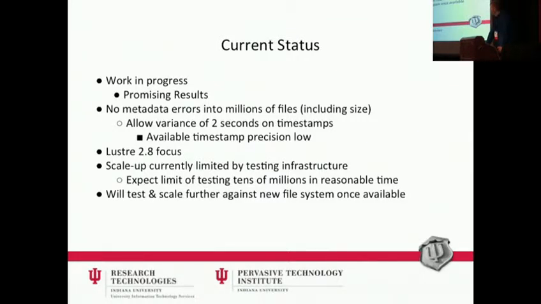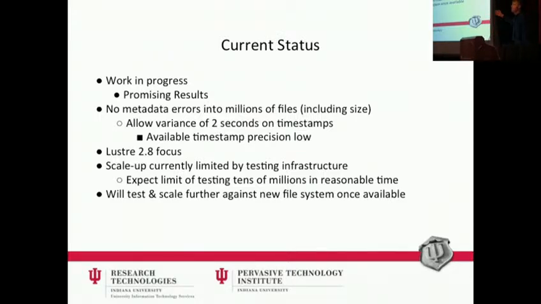It's our testing infrastructure. We don't have a large testing system for this, but we do think even with the infrastructure that we currently have, that we're going to be able to test this up into the tens of millions in a fairly reasonable period of time. We're hoping that about the time that our current testing infrastructure starts to break down in terms of how long it's taking to go through this phase.